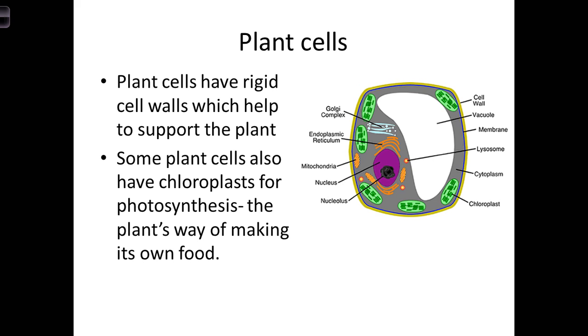So you don't need to know all the features in my little picture here. All you need to know, guys, is that plants have a rigid cell wall around the outside, which helps support the cell. So the outermost layer is the cell wall. Some plant cells also have chloroplasts, which are these green little sacs. And those are things that they need for photosynthesis.